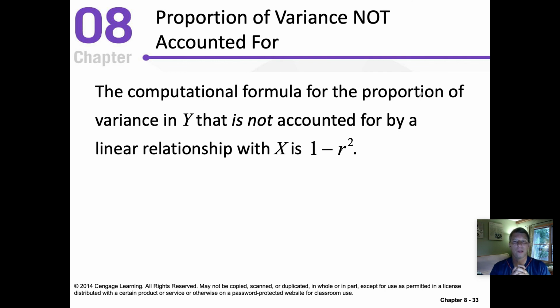Now, for when we don't use the regression line, the proportion of variance not accounted for is not r squared, but rather 1 minus r squared. So it's a very different number, a very different calculation. So the computational formula for the proportion of variance in y that is not accounted for by a linear relationship with x is 1 minus r squared.